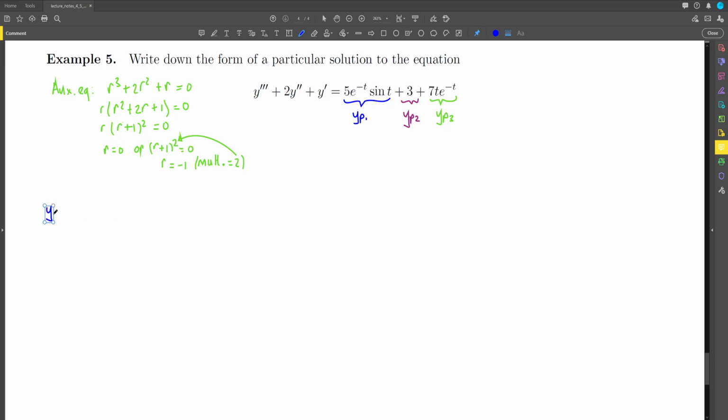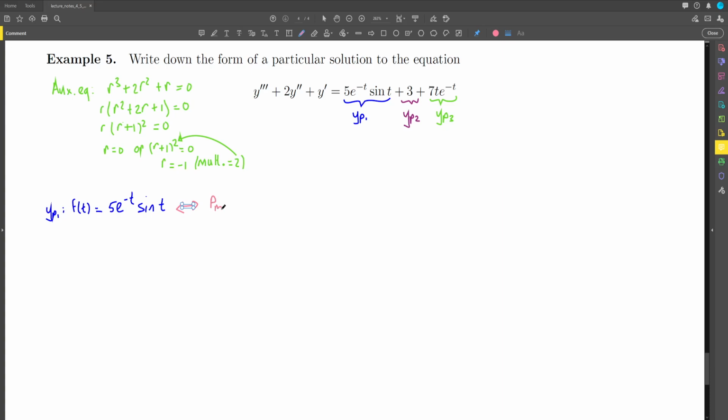So for yp1, I have that my f of t equals 5 e to the power negative t sine of t. And so that means that I want to compare this with something that looks as follows.